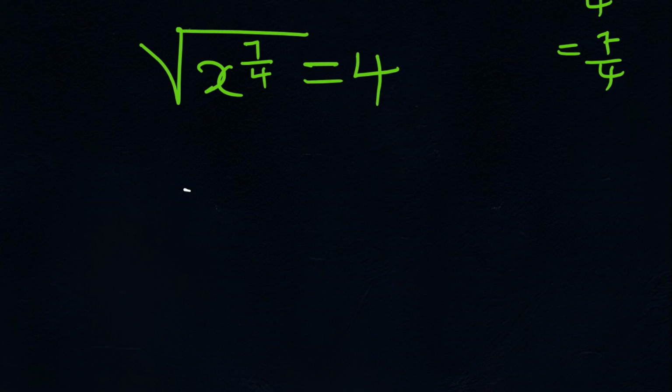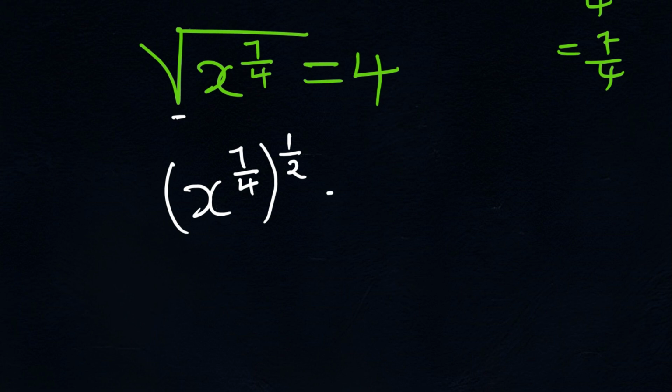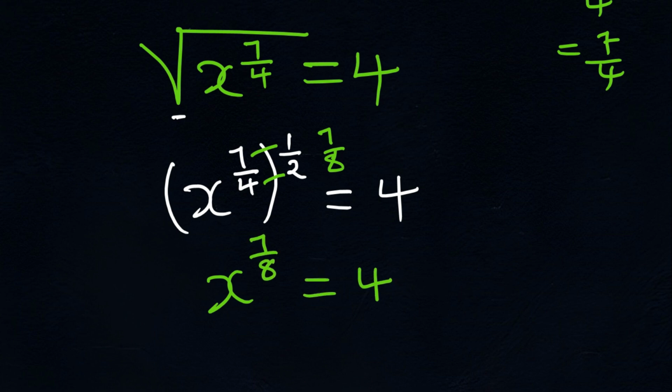So here we are going to say x to the power 7 over 4 multiplied by the exponent of half, which is representing the square root, is equal to 4. And then from there you will say 7 multiplied by 1 is going to give you 7. 4 multiplied by 2 is going to give you 8. So x to the power 7 over 8 is equal to 4.